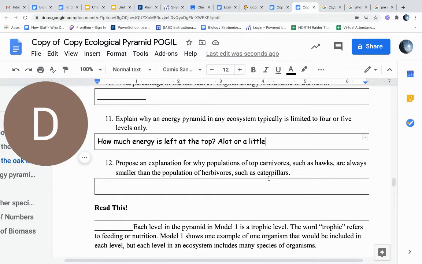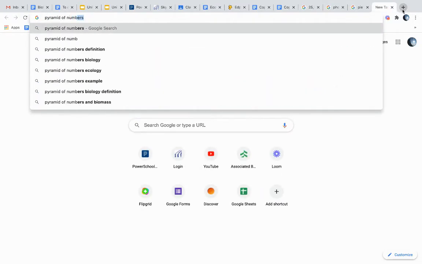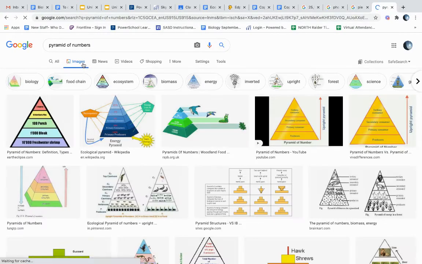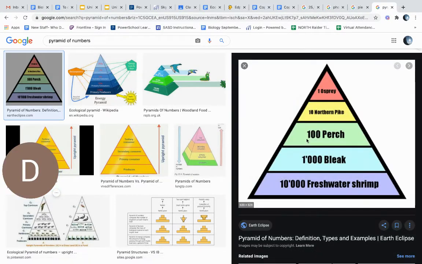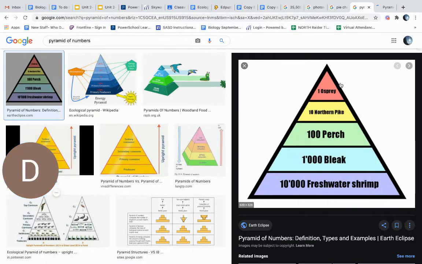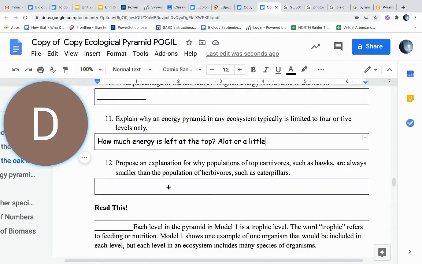Number 12, propose an explanation for why populations of top carnivores such as hawks are always smaller than the population of herbivores such as caterpillars. So if we look at a pyramid of numbers, it is going to highlight that exact phenomenon, that exact observation. So think about why there's only one osprey while there's many, many, many more shrimp in this example.